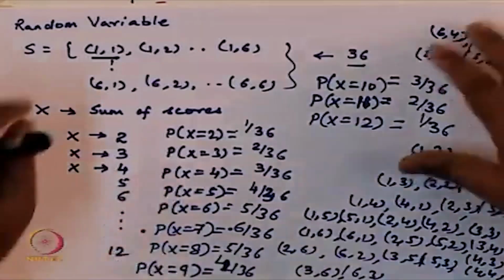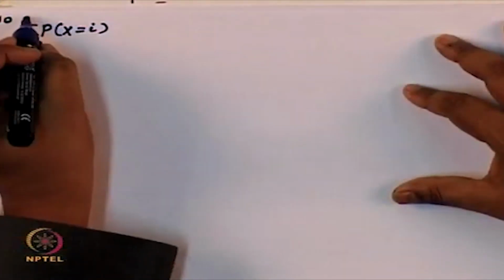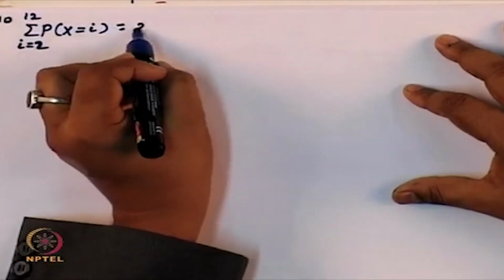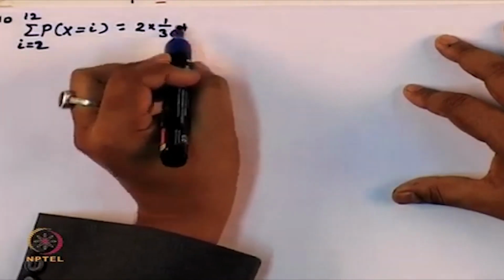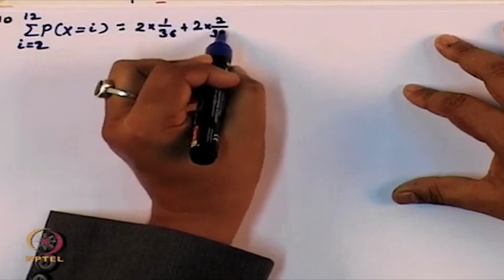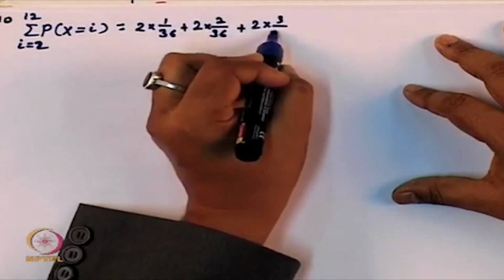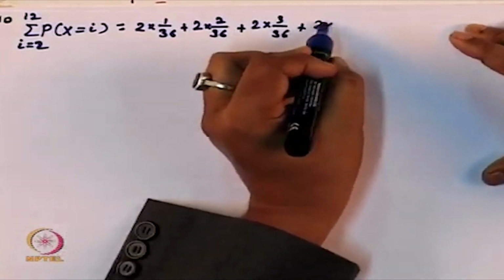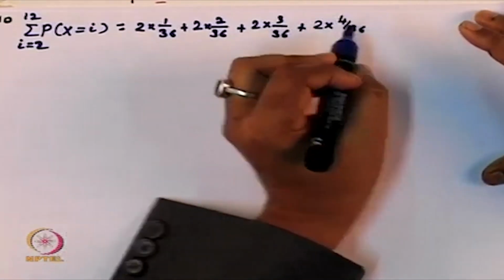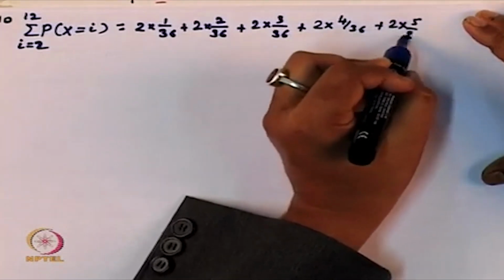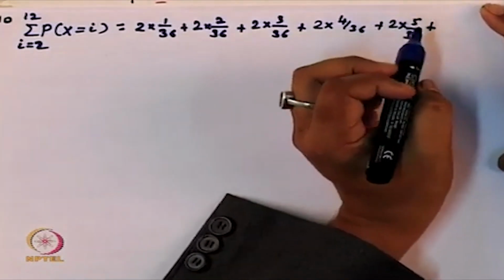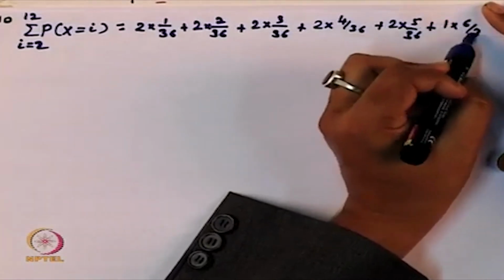Okay. So, if I add these probabilities up, what will I get? I have the summation of probability of x equal to i, where you have values between 2 and 12, which is nothing but 2 into 1 by 36 plus 2 into 2 by 36 plus 2 into 3 by 36 plus 2 into 4 by 36 plus 2 into 5 by 36 plus 1 into 6 by 36.